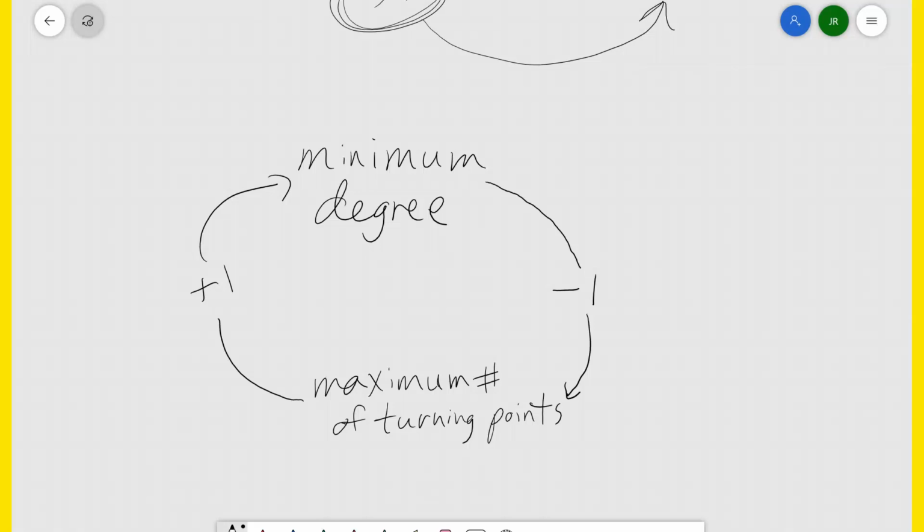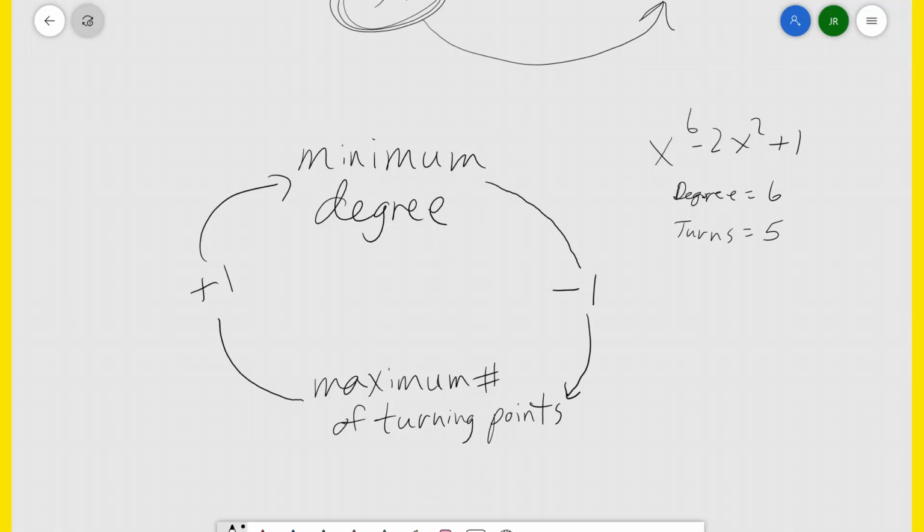So let's say you had x to the 6 minus 2x squared plus 1. The degree is 6. So the number of turns would be 5. Of course, that's the maximum number of turns it can have. It might not have that many.